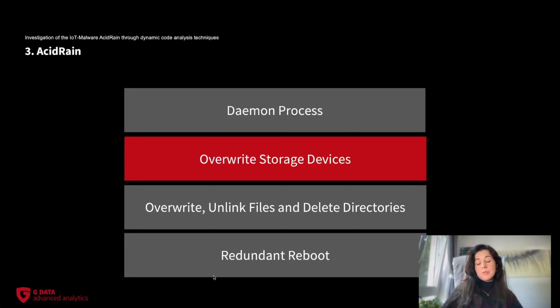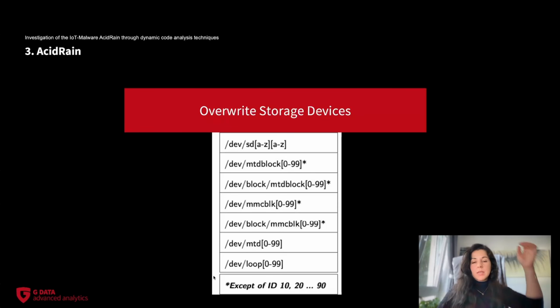After the daemon process, the child process, AcidRain starts to override storage devices. And for that, AcidRain generates storage device names, a lot of storage device names.